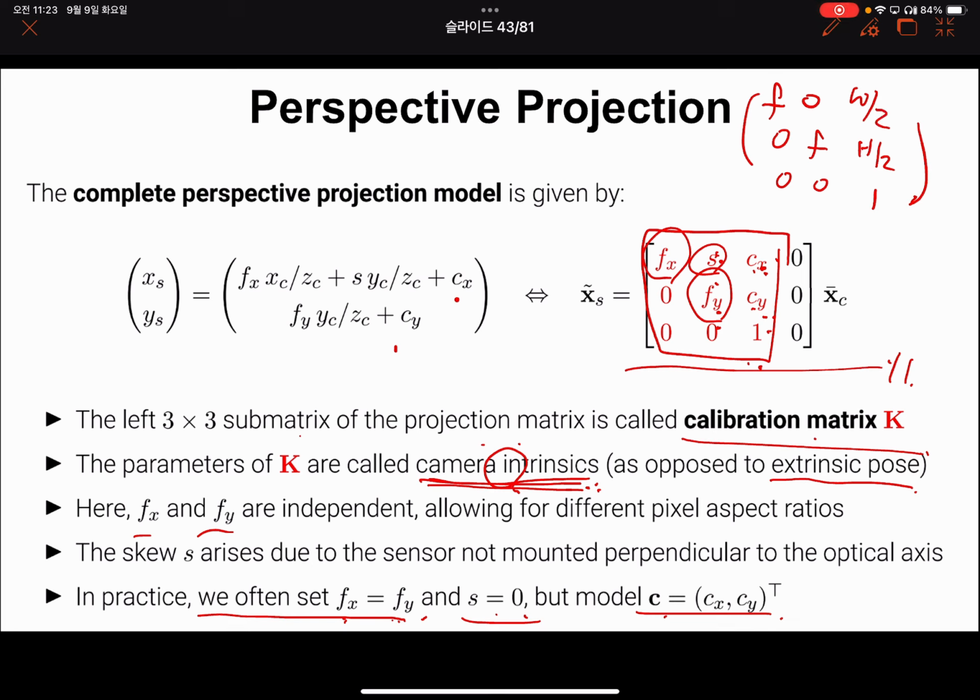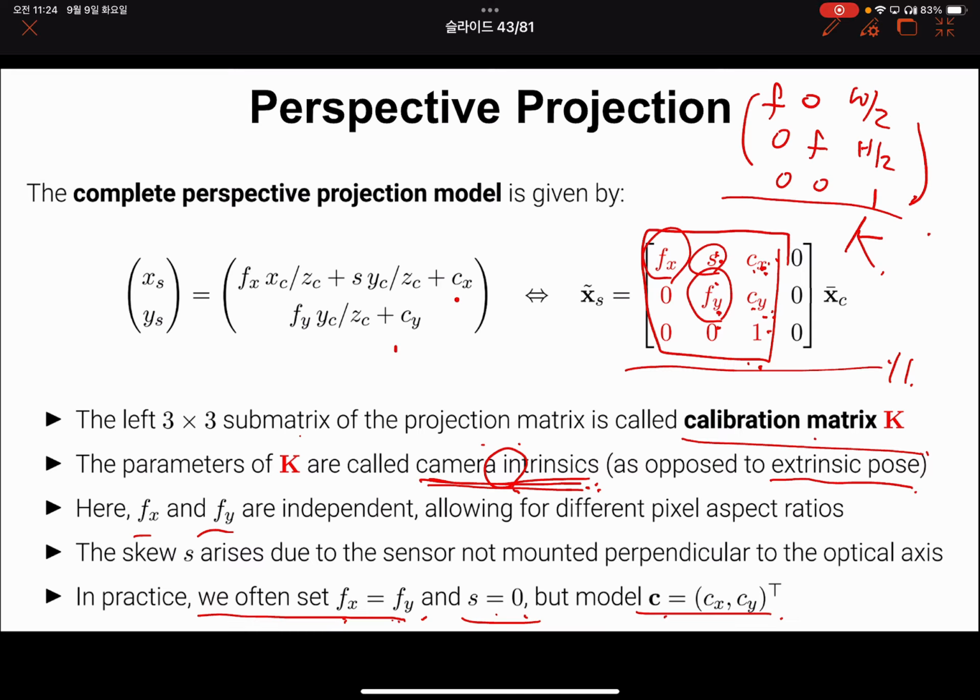So fx and fy are the same. Scale is just 0. And principal point, cx and cy, are just the center of image: width divided by 2, height divided by 2, 0, 0, 1. This is often called K, calibration matrix, camera intrinsic matrix.